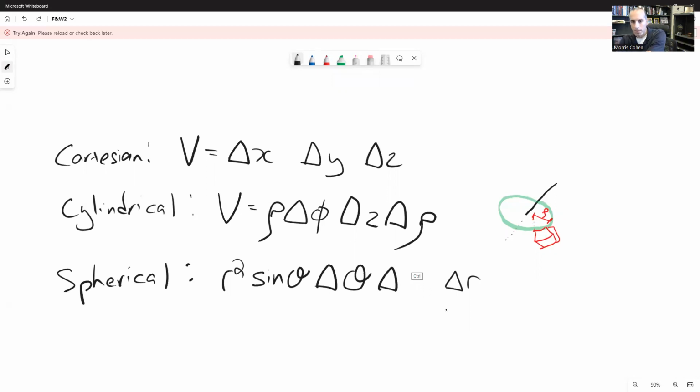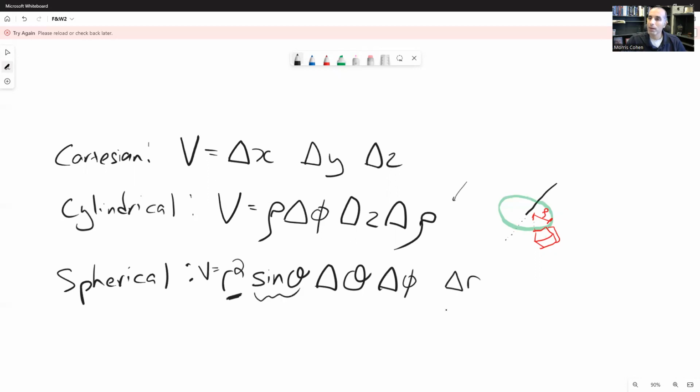Oops, that's phi. And that will equal the volume of a box in spherical coordinate systems. The r squared comes from two things. The first is the same as the cylindrical coordinate system, that if I take a certain angle in the north-south direction, then as the radius grows, that angle spreads apart. But the same thing happens in the east-west direction. Those two lines are going to spread apart as well. And so that's why there's not only an r, but an r squared here.